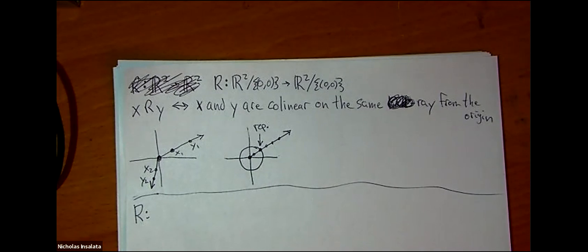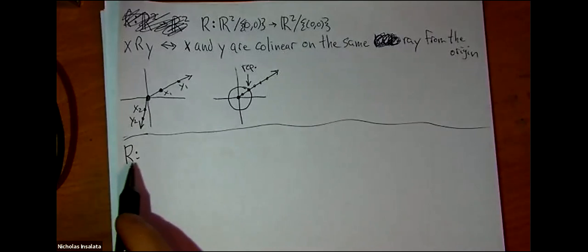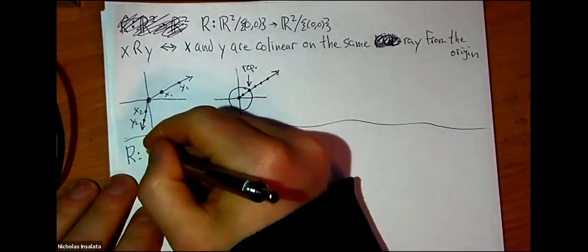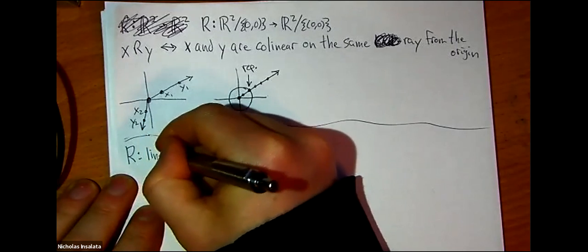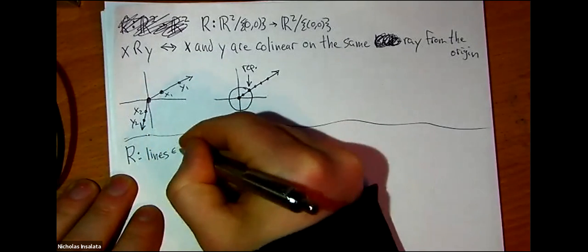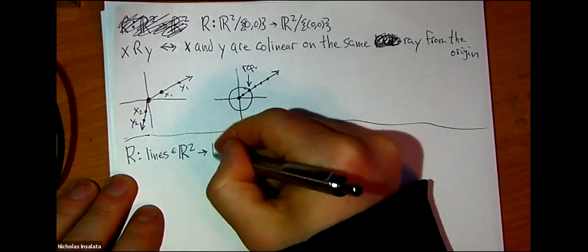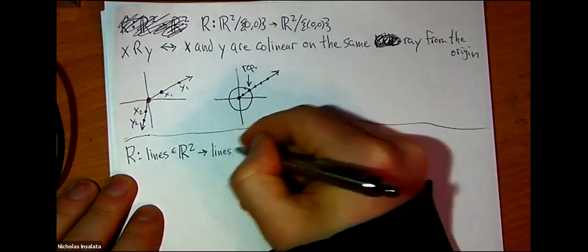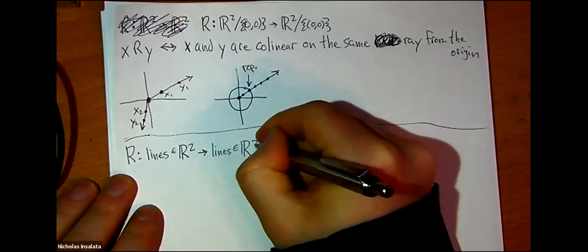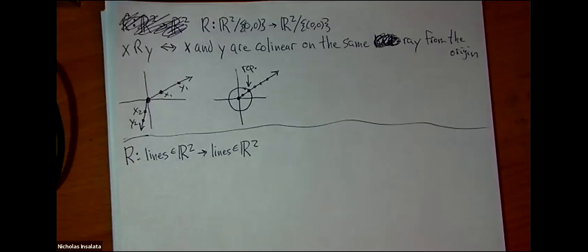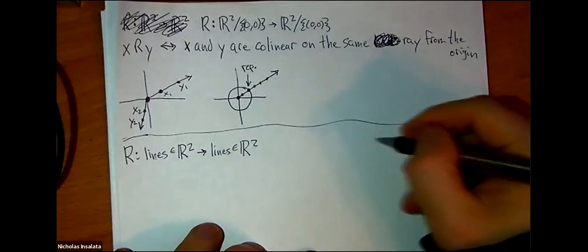So this next one is going to be a little different. This is going to go from the set of all lines in R2 to the set of all lines in R2. Now these aren't lines through the origin, these are any old lines. So here's R2, right?